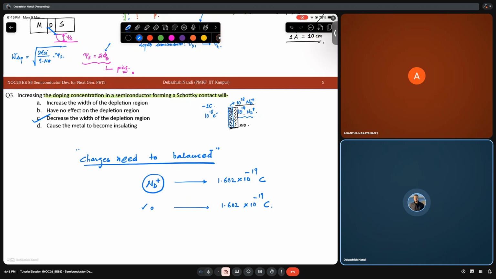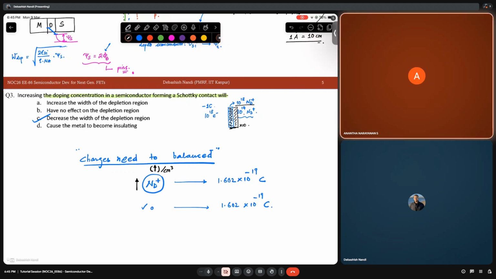Now if Nd plus is increased, that means what? In per centimeter cube, I have more number of Nd plus ions. Sir, I just want to ask one thing. If we have more number of Nd plus ions, won't that mean that it will be occupying a large amount of space?